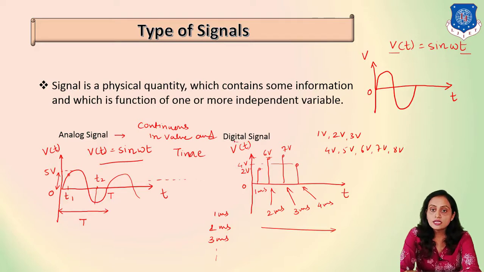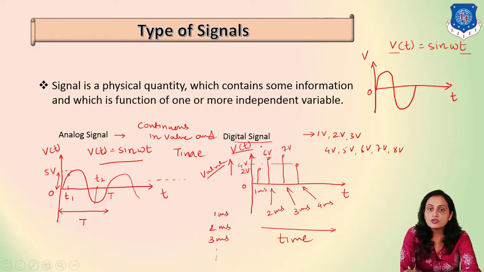So this digital voltage signal, which is given here as an example, can take only a few values, that is 1 volt to 8 volt, and this signal is defined as the signal which is discrete in time domain as well as discrete in value.